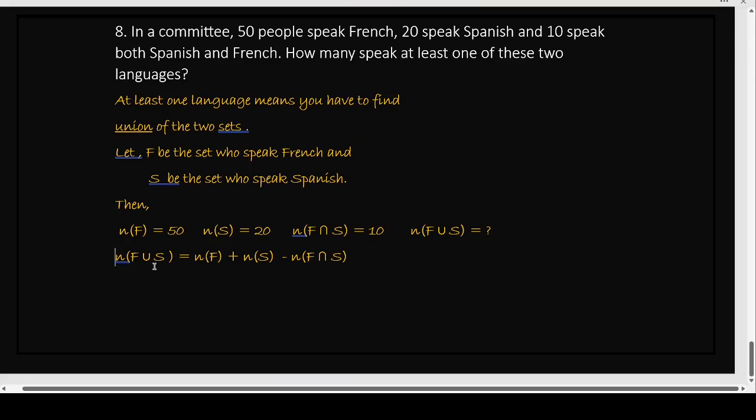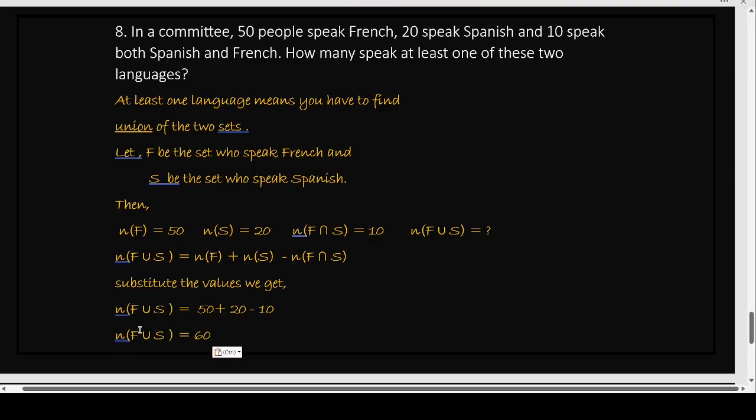So n(F union S) is equal to, this formula is there, n(F) plus n(S) minus n(F intersection S). We'll substitute the relevant values and get the result. n(F union S) is equal to 50 plus 20 minus 10, that is 60. 60 people speak at least one language.